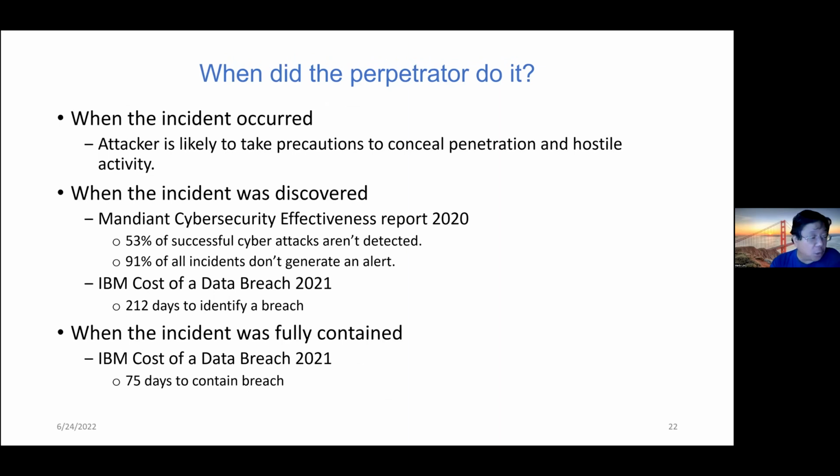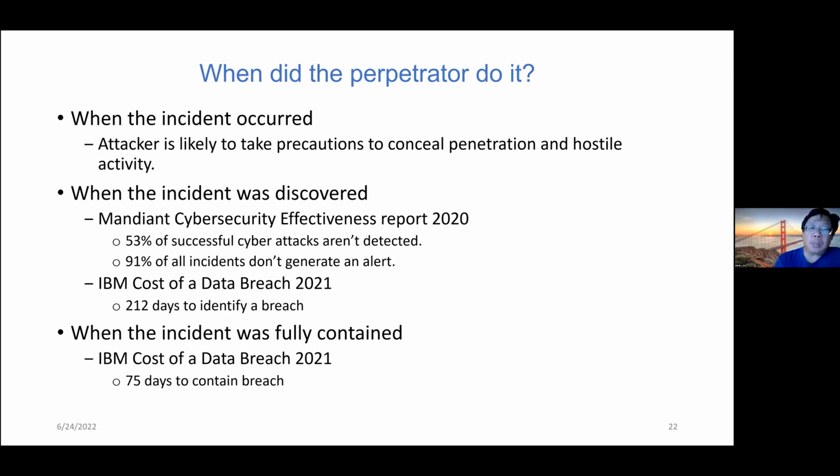When did the perpetrator do it? Well, there are several times that are of interest. When did the incident occur? Remember, the attacker is likely to take precautions to conceal the penetration and hostile activity. So it may be that when you discover the incident, the actual penetration took place a lot earlier.